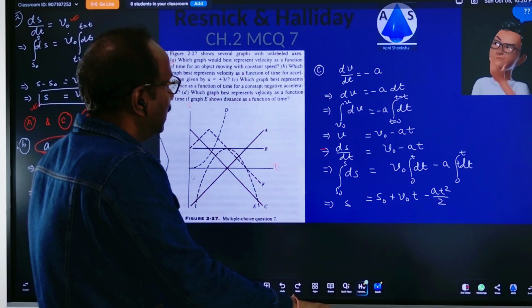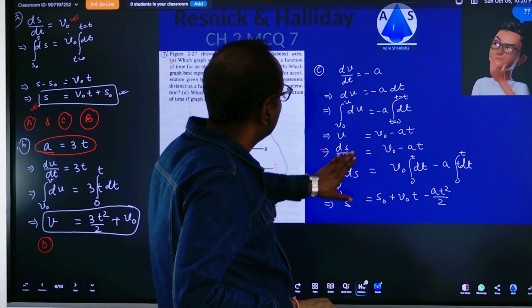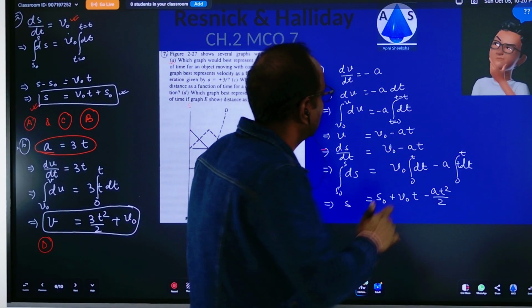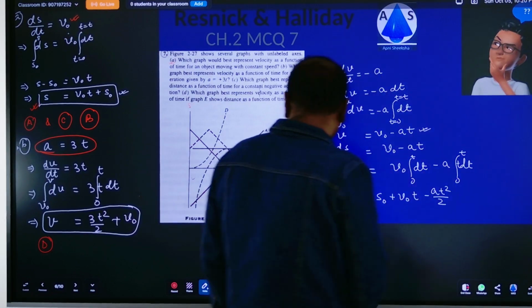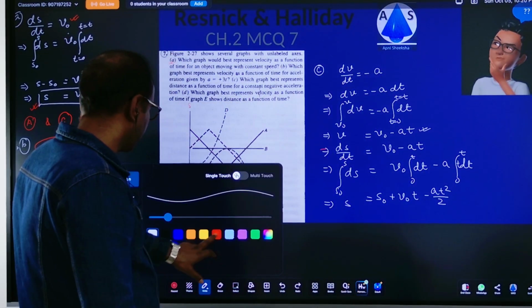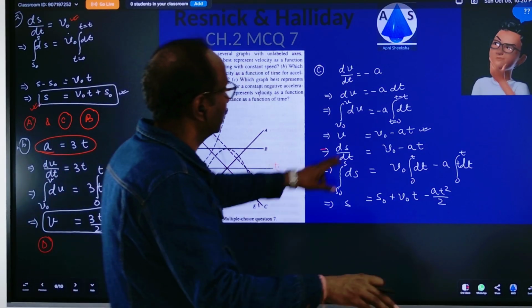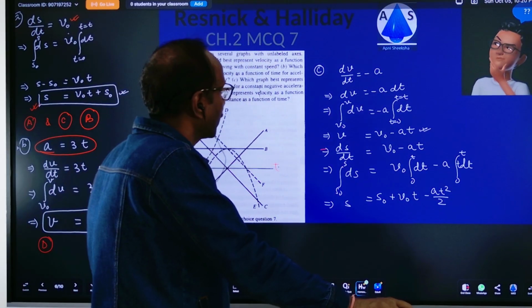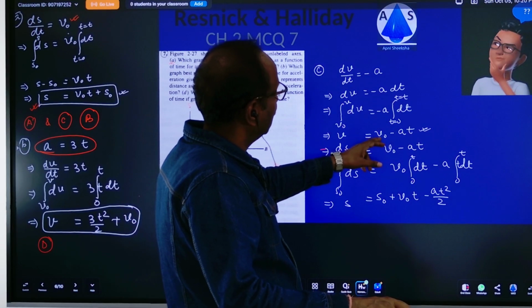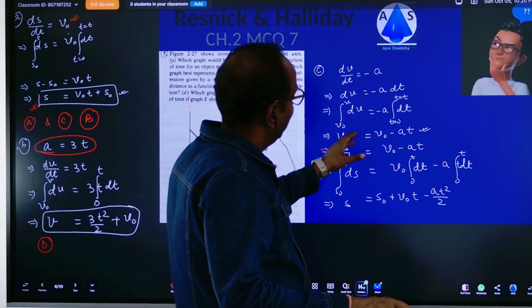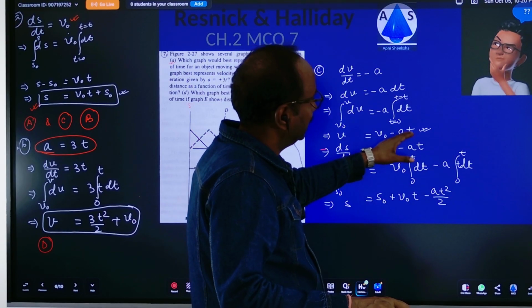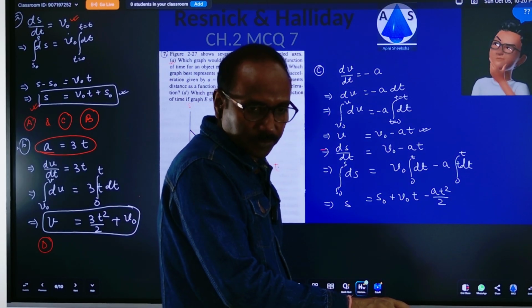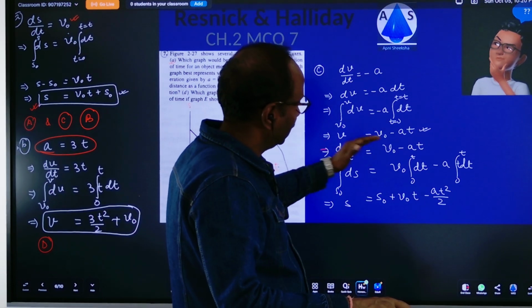So if we differentiate it, means if we reach this stage from this equation, let us focus on this equation. What is happening over here? Your velocity is gradually decreasing in the positive direction.